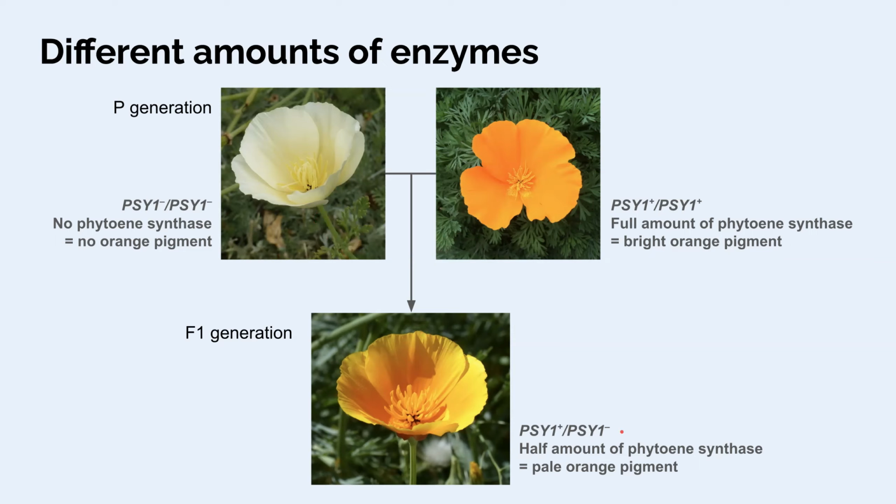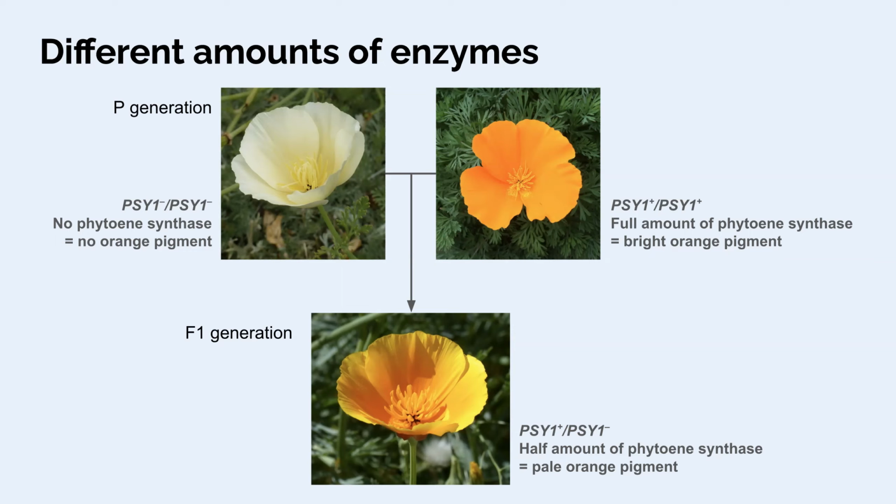And this is one possible outcome, is that this phenotype of the F1 individual doesn't look exactly like either parent, and biochemically it's making about half as much or a reduced amount of the pigment, and so a reduced amount of pigment gives you more of a pale color.